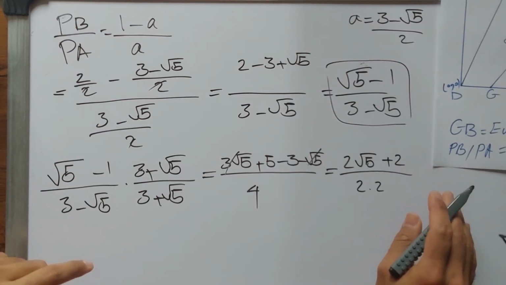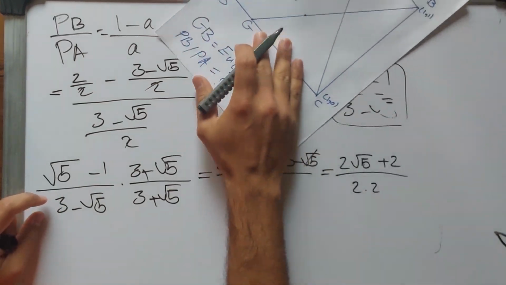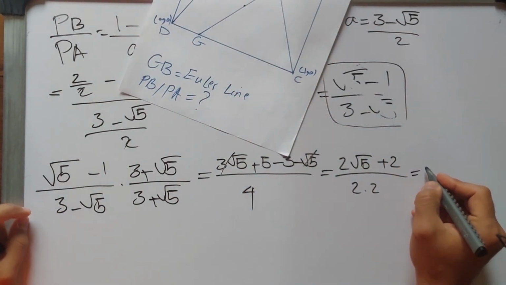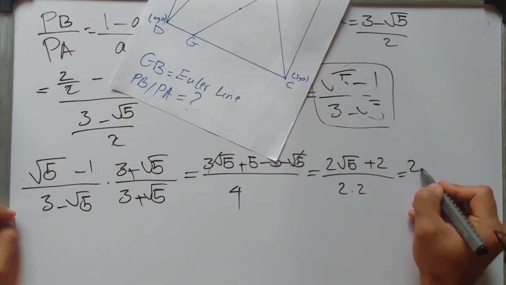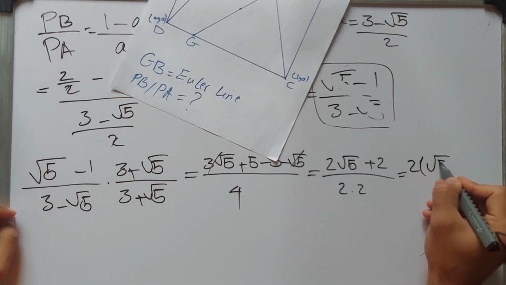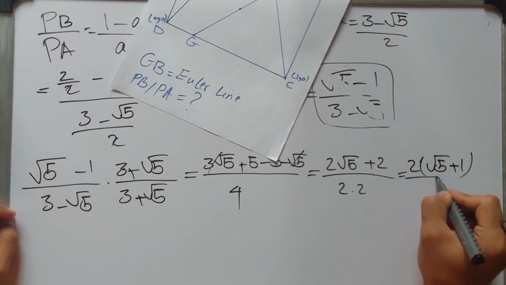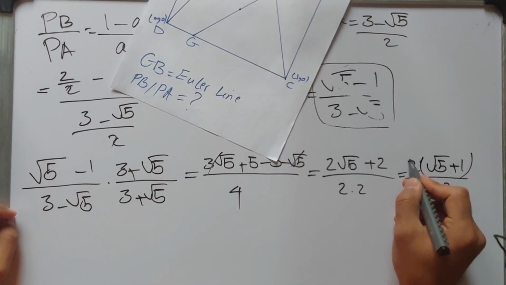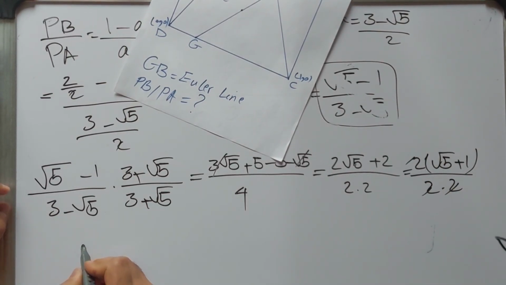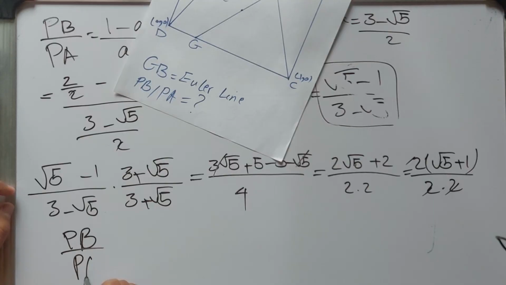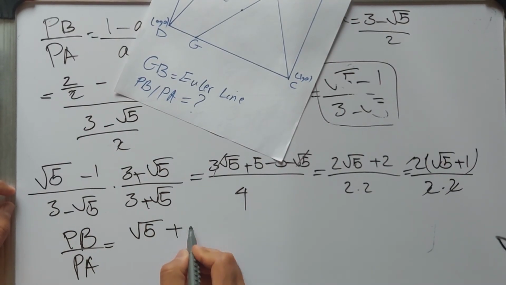2 times 2. Then we can factor one of these 2's out, so it is 2 times square root of 5 plus 1 over 2 times 2. We can cancel one of the 2. So in other words, PB over PA equals square root of 5 plus 1 over 2.